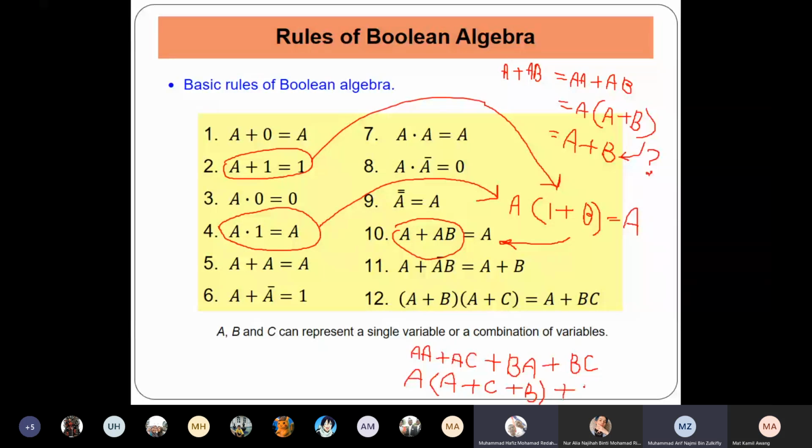Or B, C. So this is A. So this becomes A or B, C.